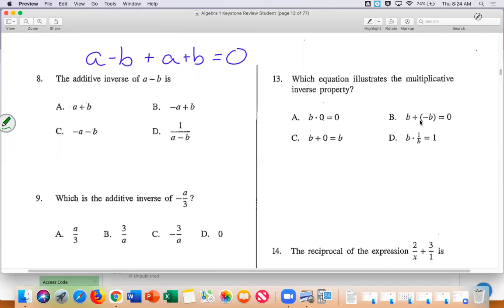Zero. So I have 2A plus 0, right? Is that equal to 0? No. So A wasn't my answer. All right. So that's how we would go about that.